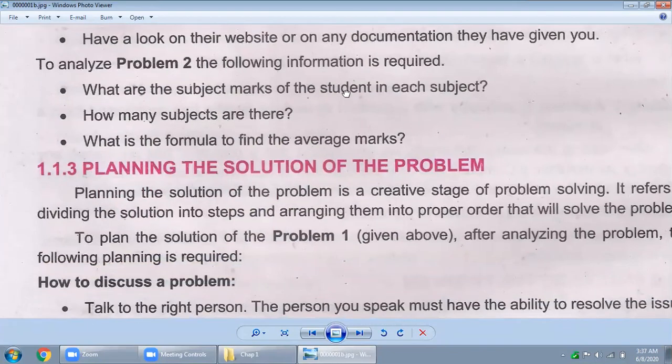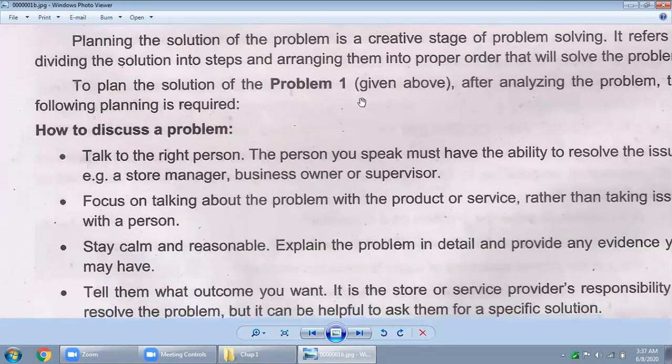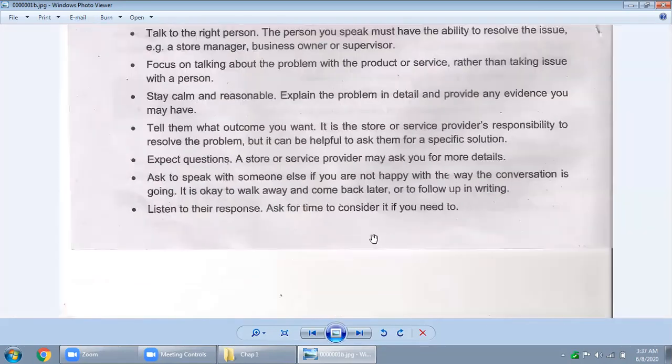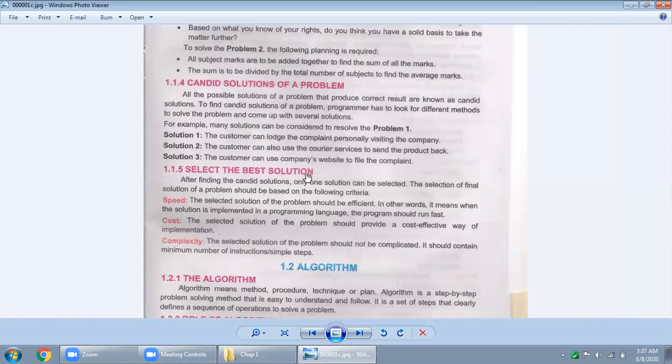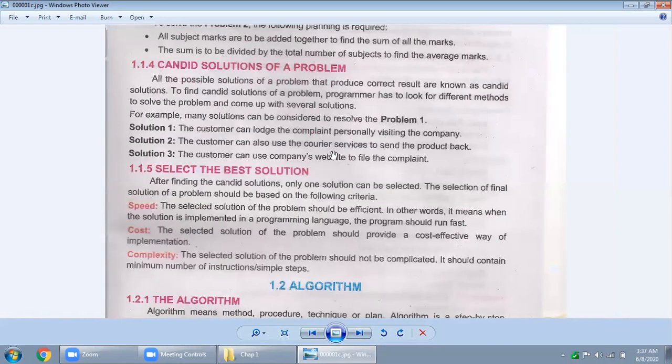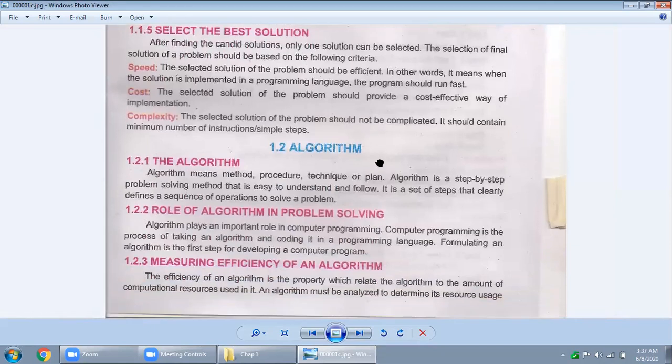Next was planning the solution of the problem: candidate solutions of a problem, select the best solution, and after that, we started algorithm.